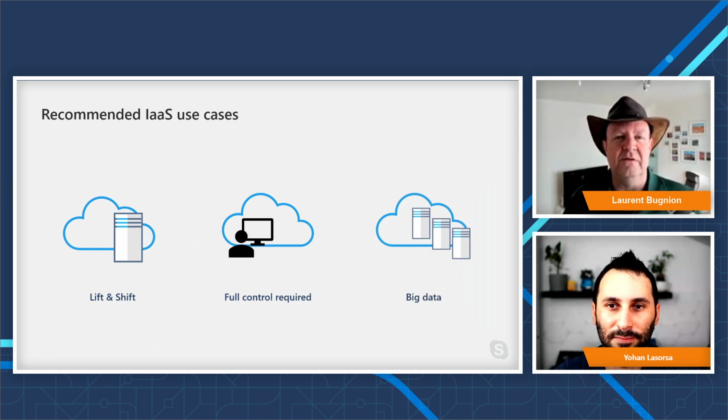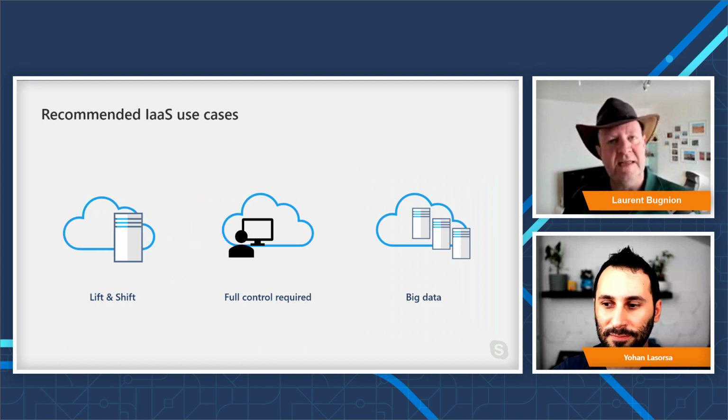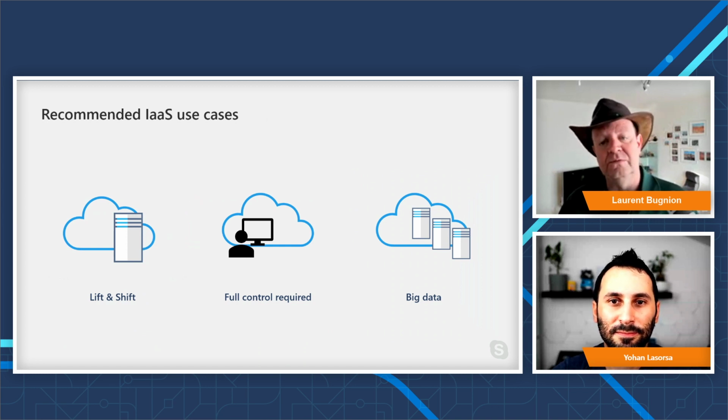And also scenarios of big data. Now we have some platform as a service offering for big data as well, but maybe sometimes you need to massage your data in a specific way, or you need to do some special operations on that. So it's also one scenario which is possible.